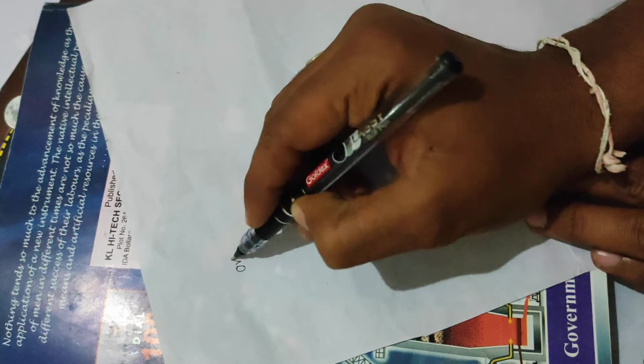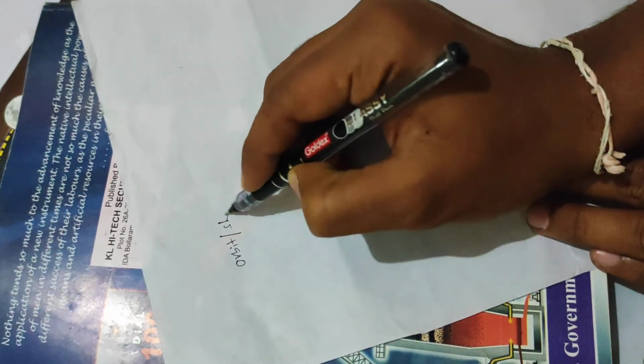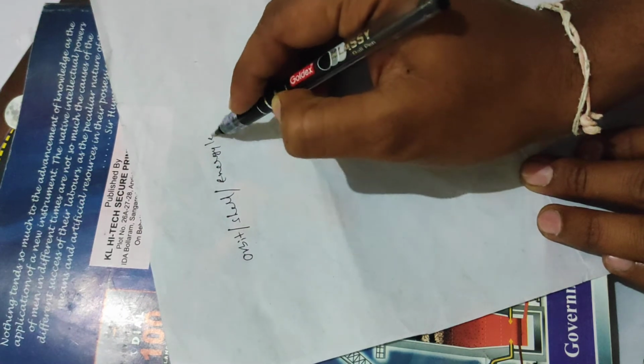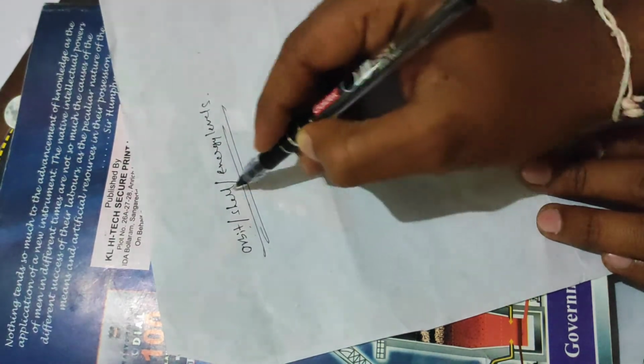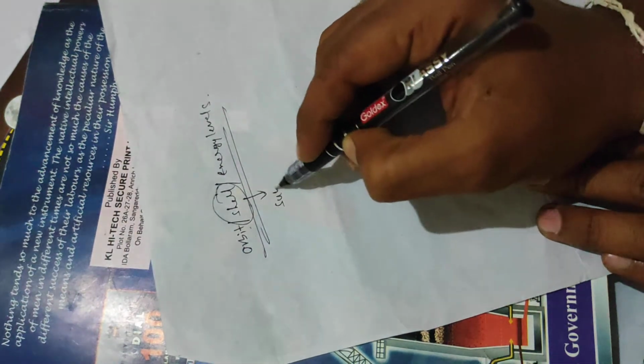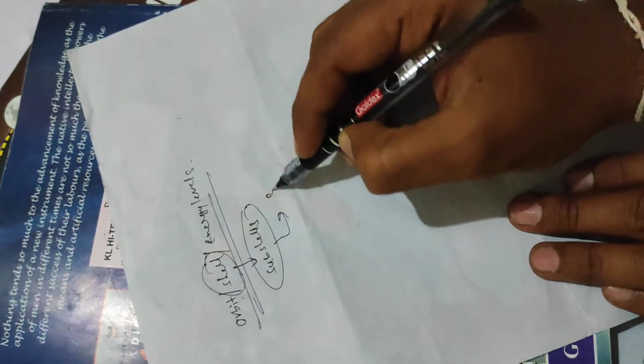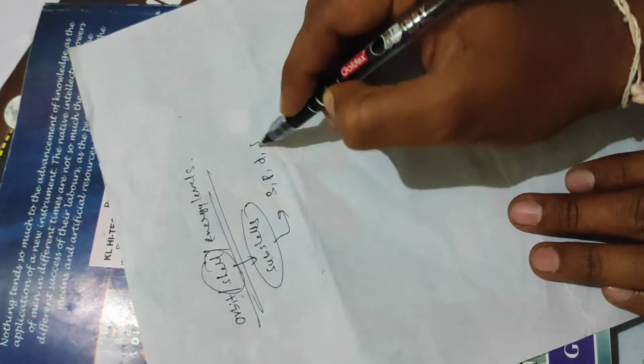For example, everybody knows that in an orbit we have subshells. Orbit, shell and energy level all mean the same. In this shell we have subshells, known as s subshell, p subshell, d subshell and f subshell.